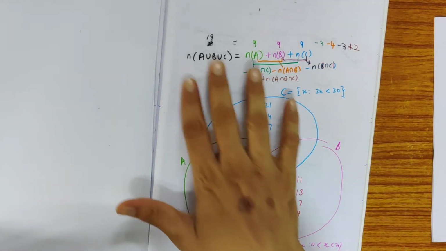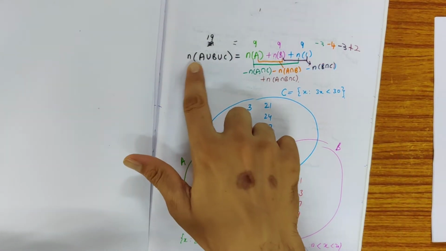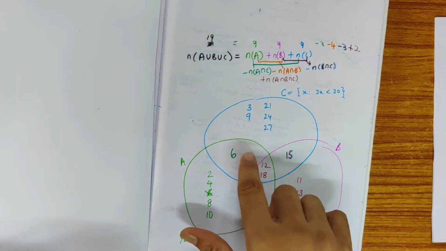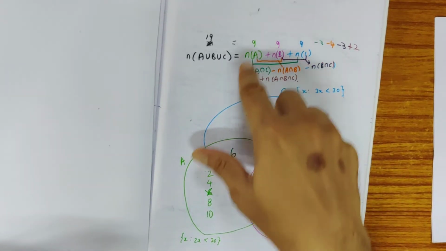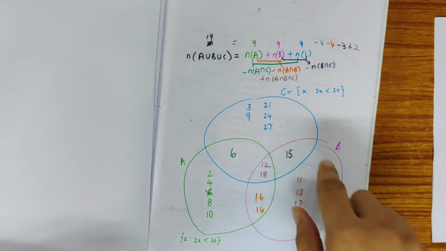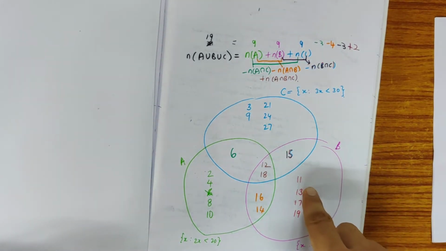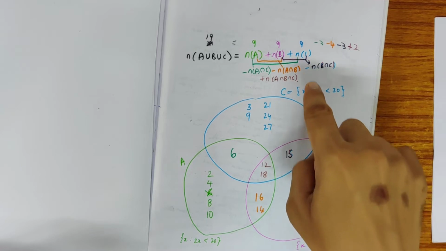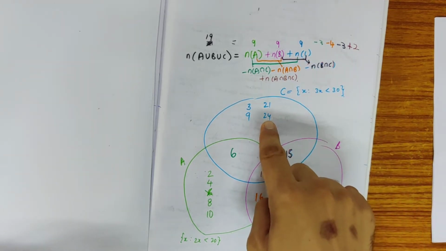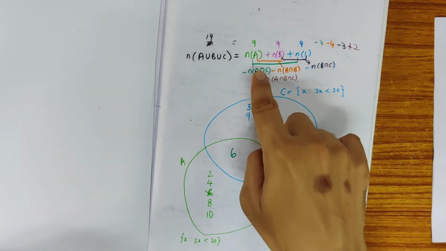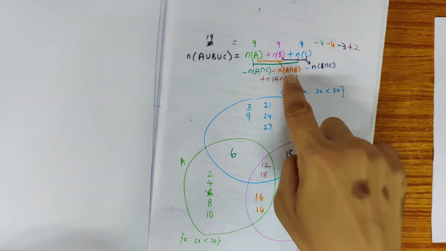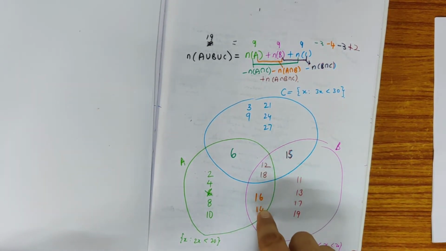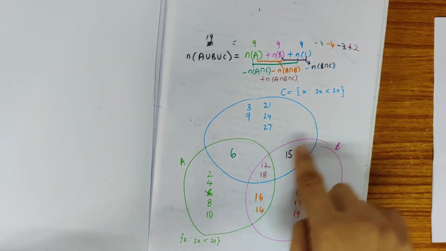So if we look at it as the equation, what we are saying is the number of elements in A union B union C is the number of elements of A, that is n of A in green, number of elements of B, which is pink, number of elements of C, and then you of course remove A intersection C, which is this, you remove A intersection B, which is this, and you remove B intersection C, which is this.